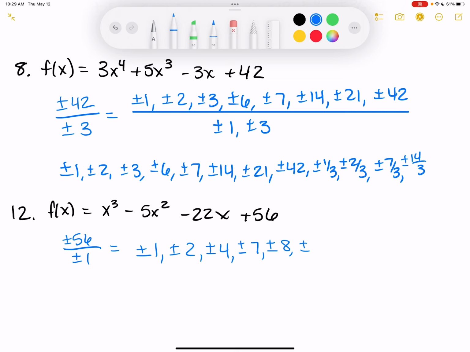Wait, the other number. I got it. 56 divided by 4 is 14. Then 28, and 56. Hallelujah.